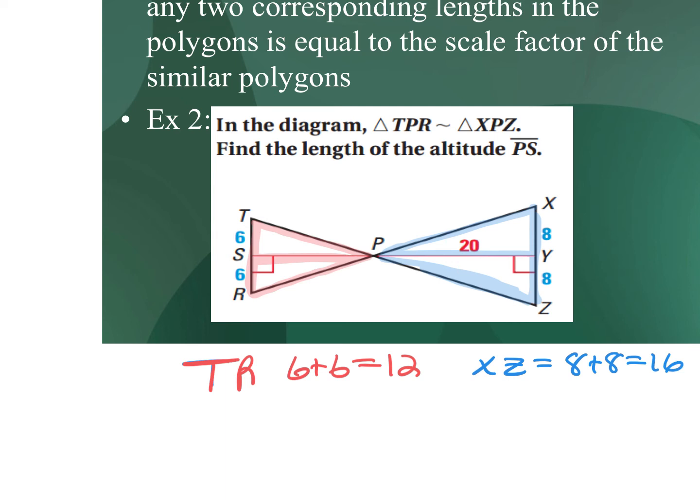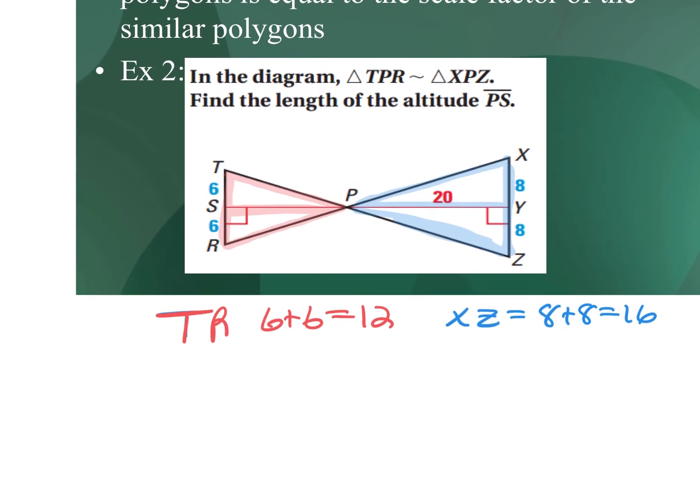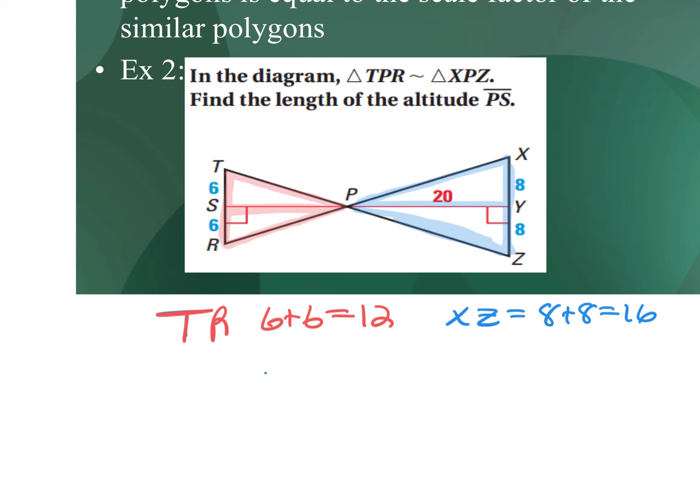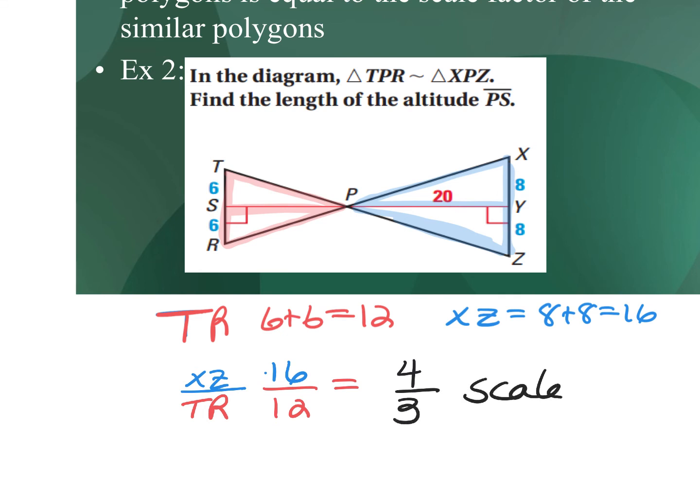Now, again, if I want to find the scale factor, what did they do to TPR to make it XPZ? Notice it's going from smaller to larger. So I'm going to do 16 over 12. So I'm doing the XZ over the TR. And then when I simplify this, it'll simplify to 4 to 3, which is my scale factor.